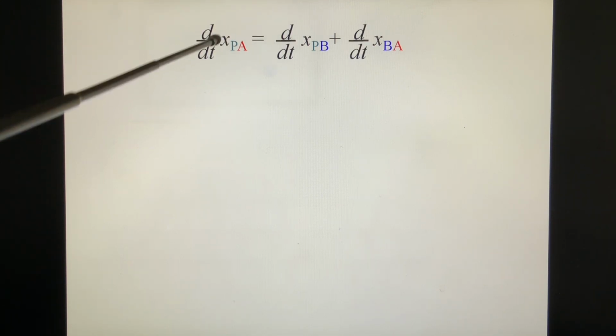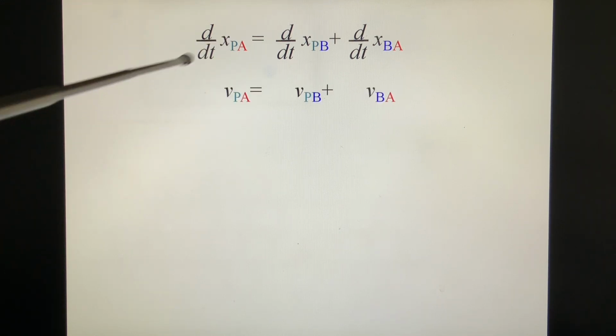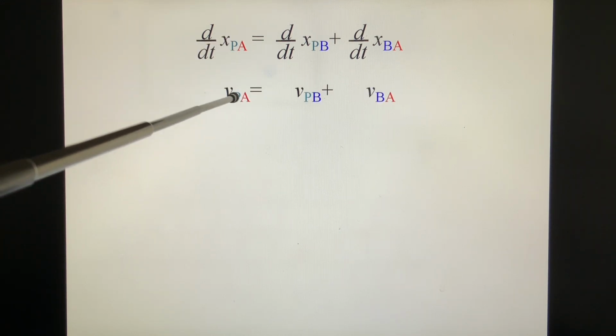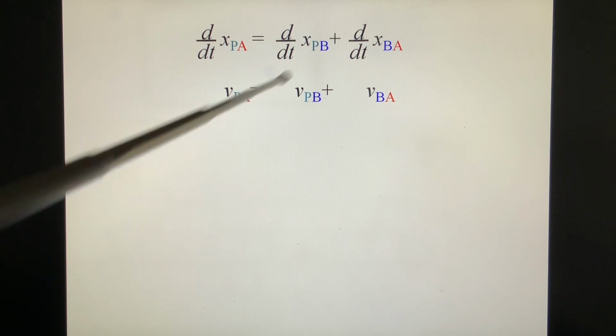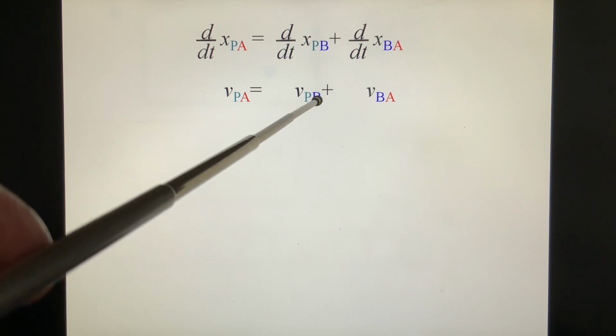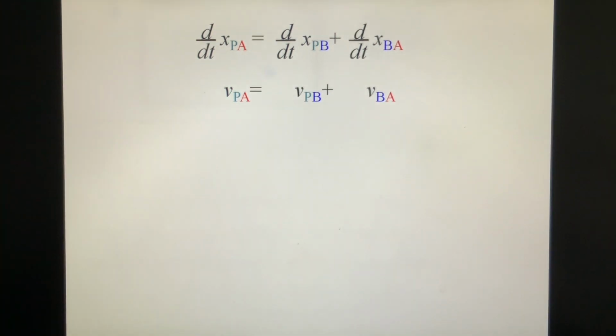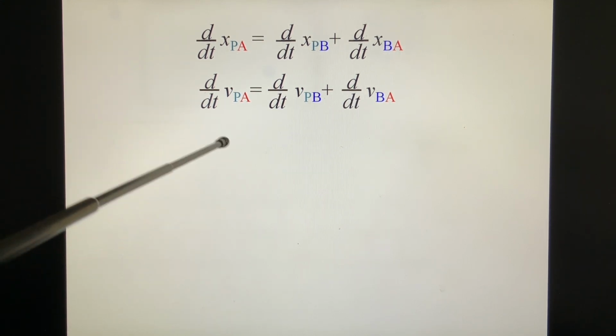That's a speed: vPA, the speed of P in frame A, equals the speed of P in frame B plus the speed of frame B in A. Then we take the derivative on both sides again and we get the acceleration.